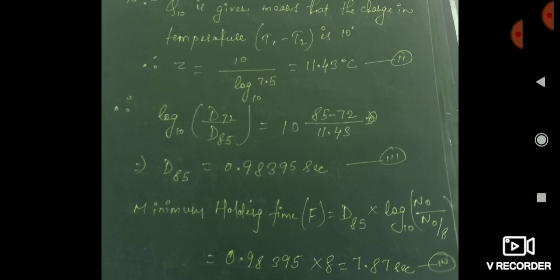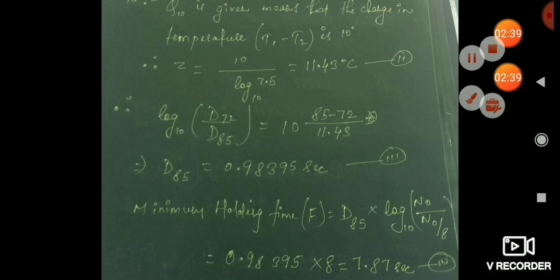I have written it simply N naught by 8, but it is a mistake here. It should be written like N naught divided by N naught by 10 to the power 8. Means it is some silly mistake I have done. So you should multiply D85 into log base 10 of N naught divided by N naught by 10 to the power 8, and the 10 cancels, and then you multiply the 8 into D85, you can get your answer, that is 7.87.